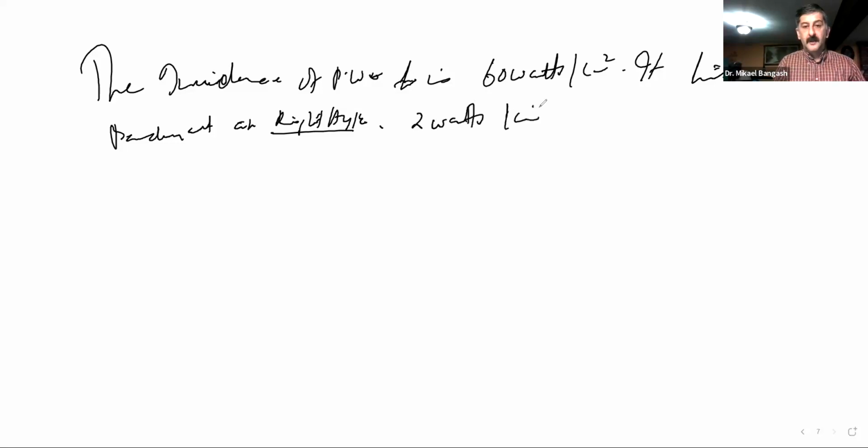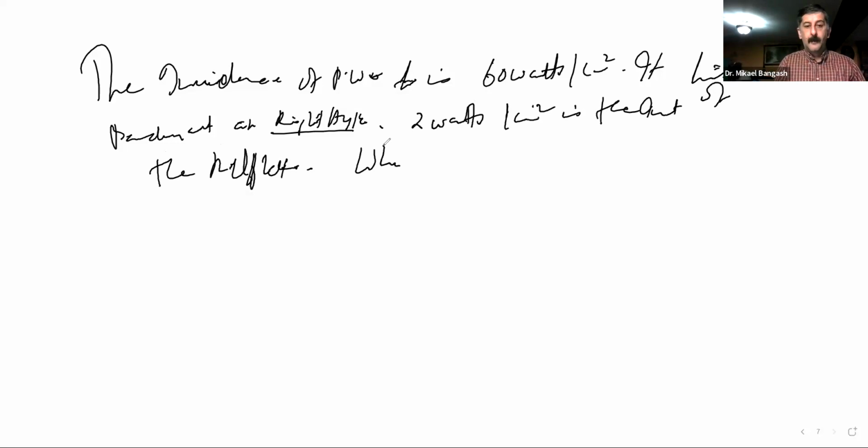Two watts per centimeter square is the intensity of the reflection. And then they ask, what is the transmitted intensity?